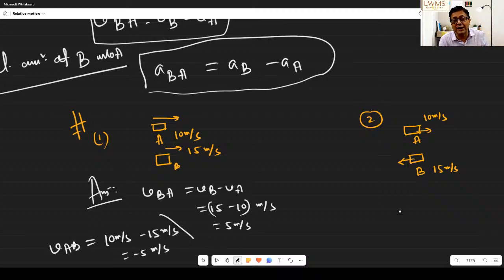So you can write a note over there. This will be true for other cases also.